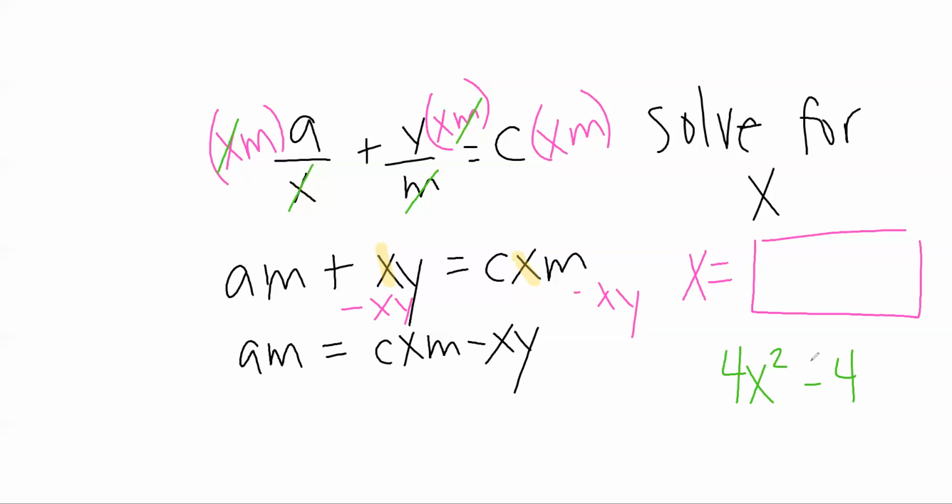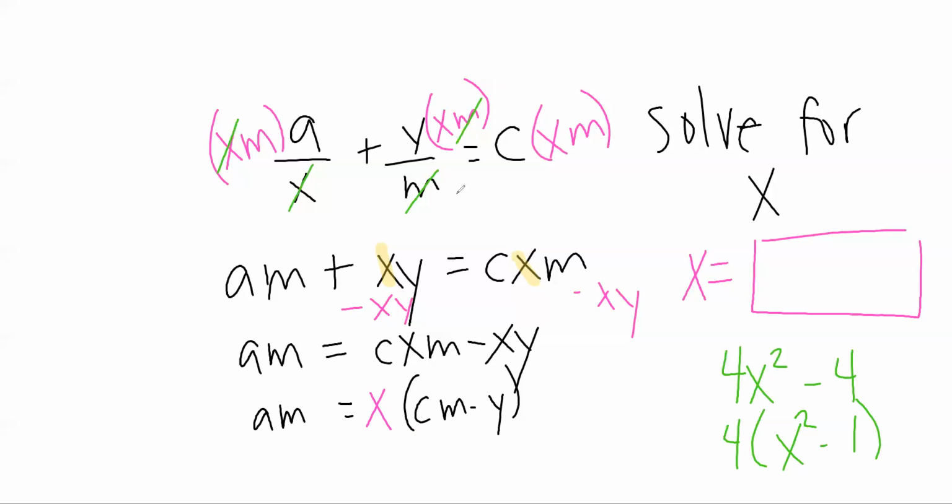You can take the 4 out of both of those, and what you would be left with is x squared minus 1. I can do the same thing here. I can factor that x out because it's in both terms. So then what I would have is cm minus y.